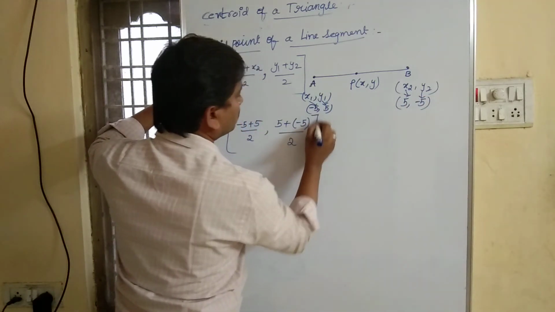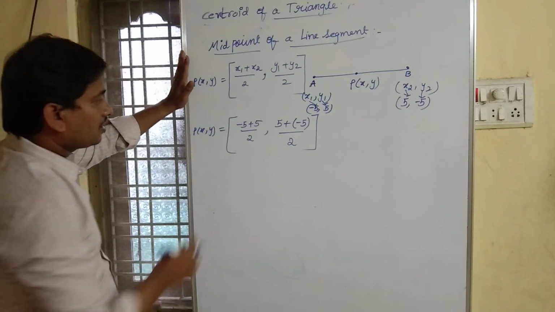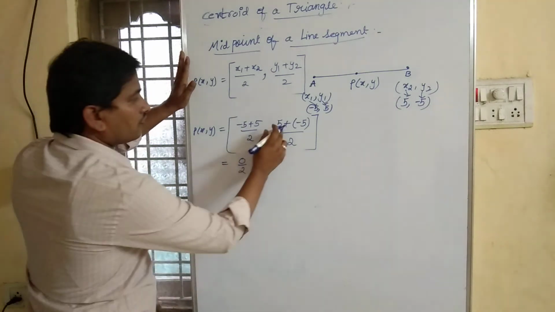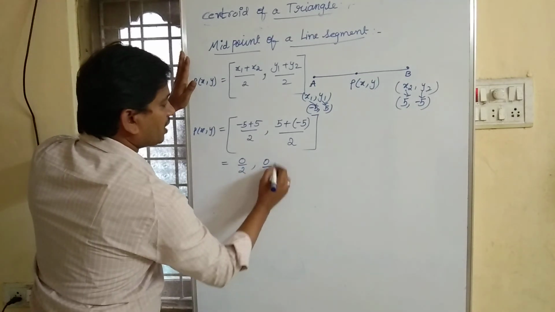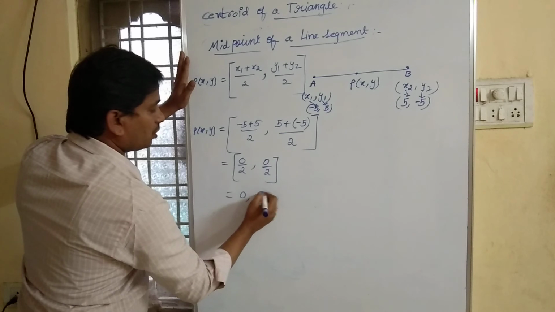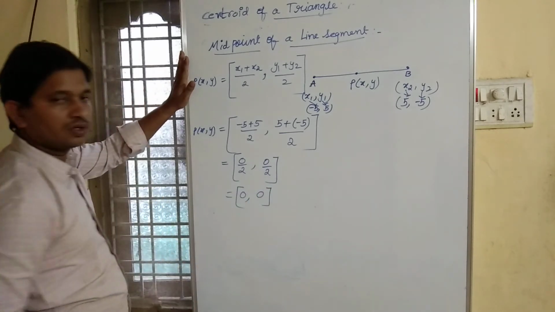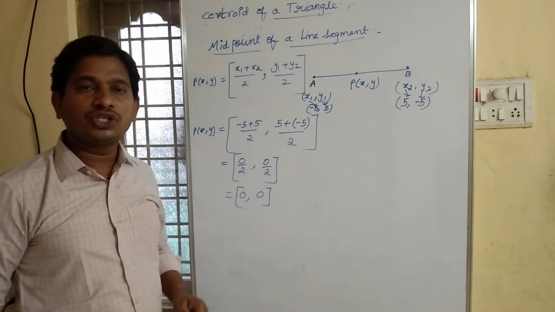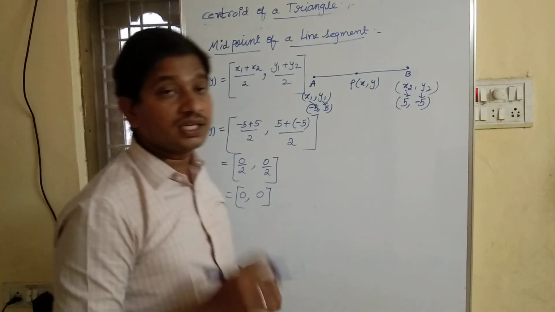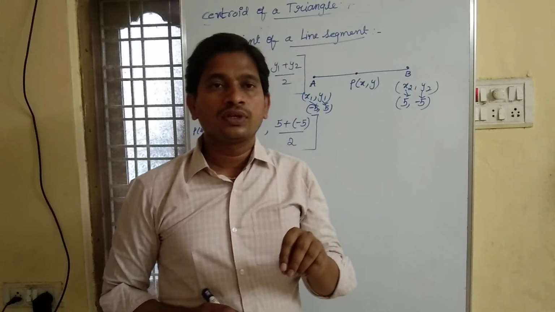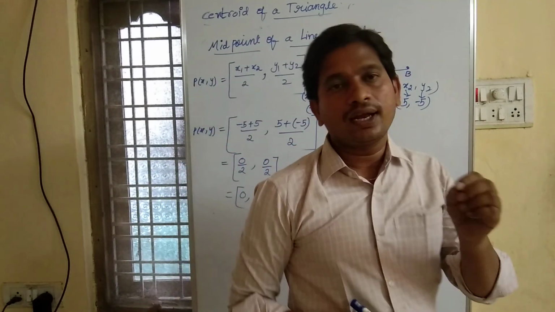So minus 5 plus 5 is 0, by 2, and 5 minus 5 is 0, by 2. 0 by 2 is 0. So the midpoint P(x, y) is (0, 0). In this way we can find the centroid of a triangle and the midpoint of a line segment.